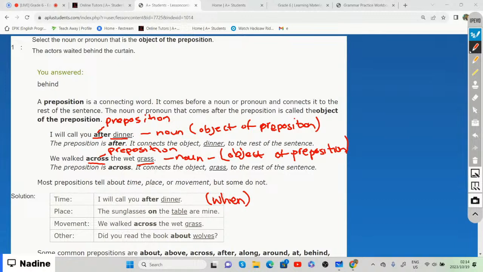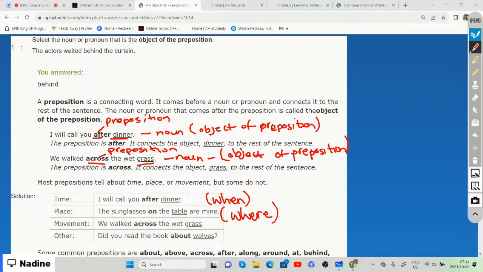And that basically shows when, and that is the preposition of time. Then we have the preposition of place. The sunglasses on the table are mine. So it's like asking where. Where are the sunglasses? It's on the table, under the table, in my bag, next to the.